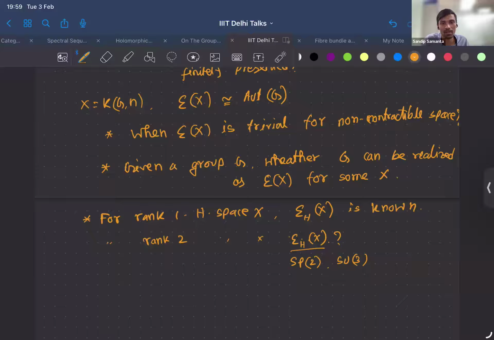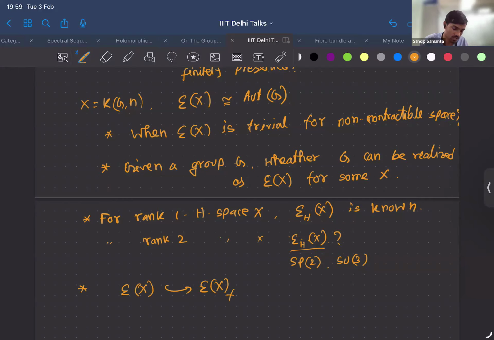Also, this is another one you have already mentioned here: if X is simply connected, then we have an inclusion of these three things.